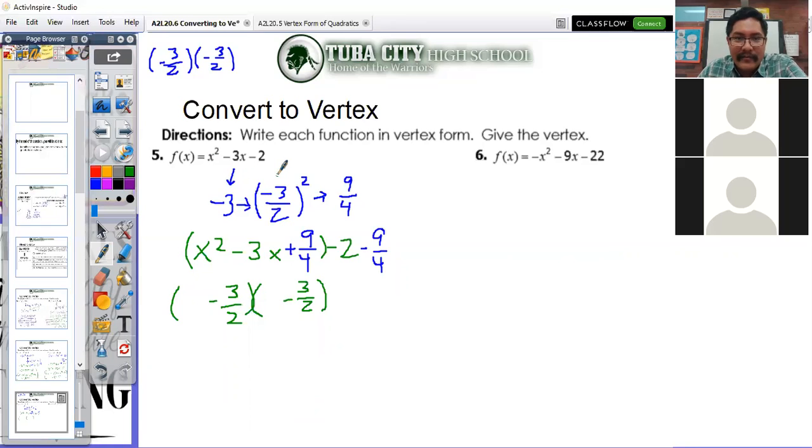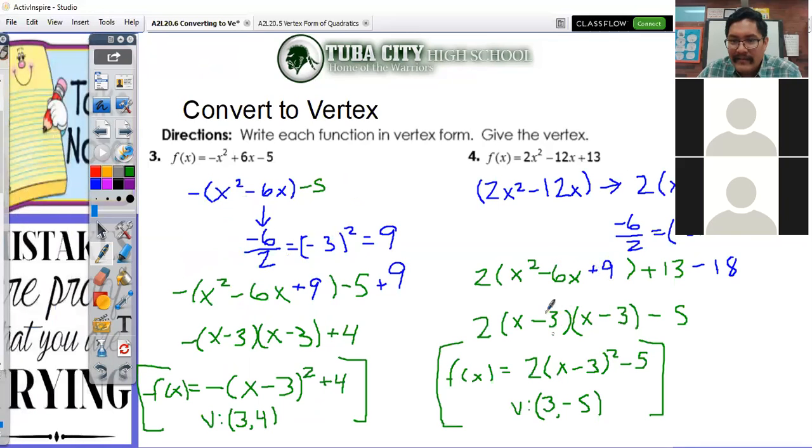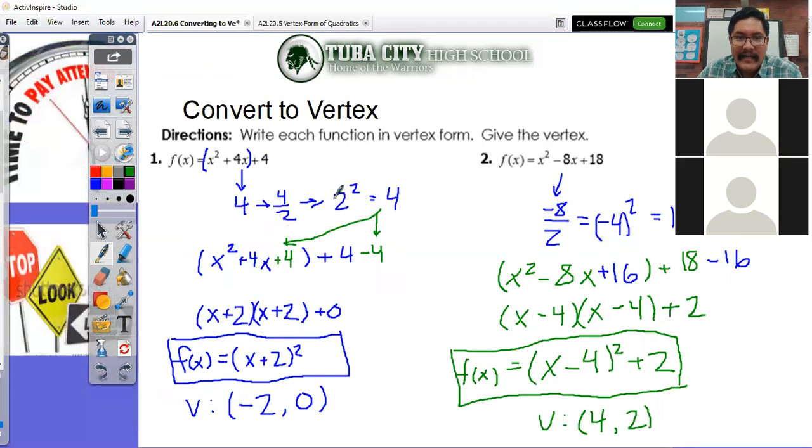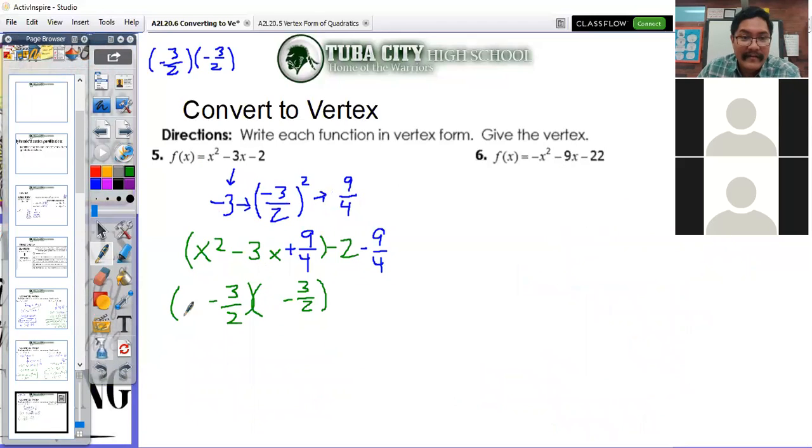Because if you look at this number right there, here in the middle step, -3/2, right before you square it, all the b values were that number, -3, -3, right? Because that's the factor that goes here and here. And here we had 2, so we have 2 right there, 2 right here. -4, -4. Okay, that actually makes it a lot easier.